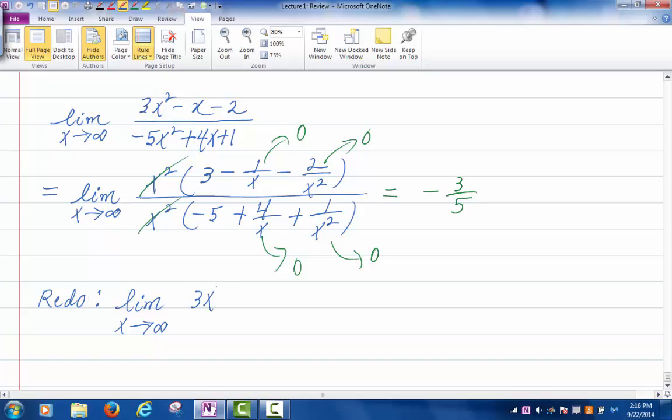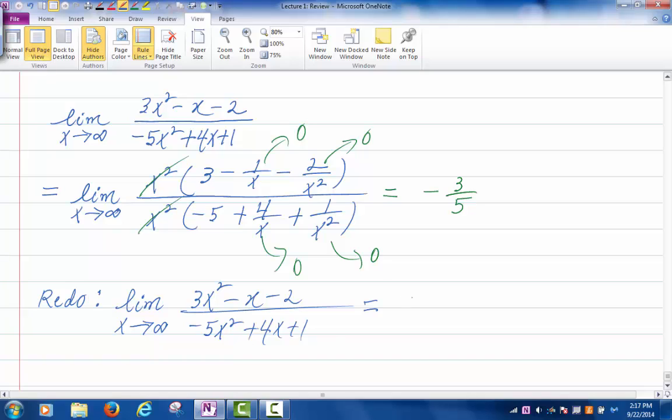Some of you have taken calculus before, I know, and you might have seen this. Okay, the limit, remember what I said? The behavior of a polynomial when x is big is determined by the dominating term.